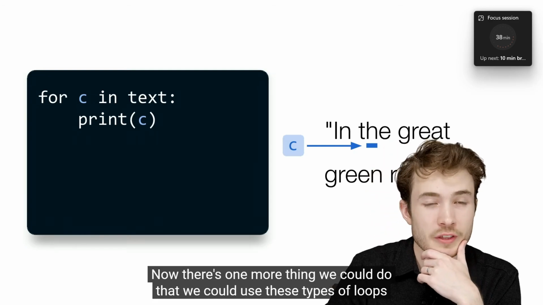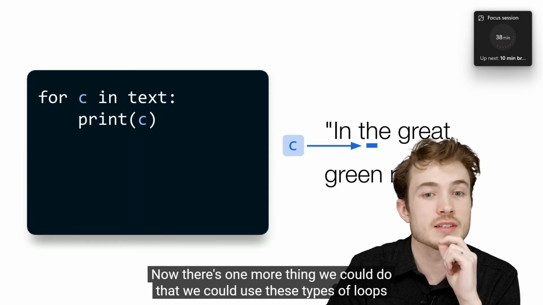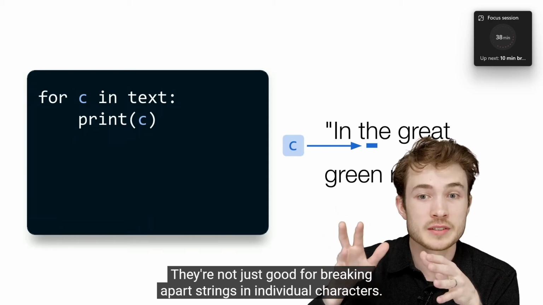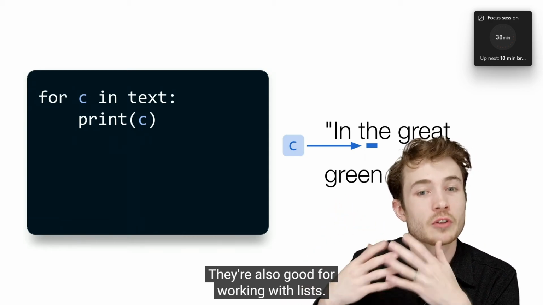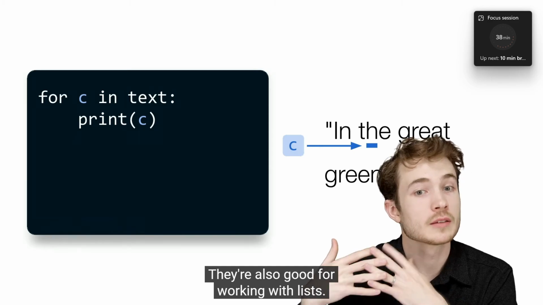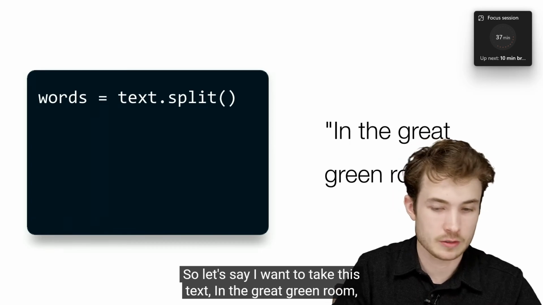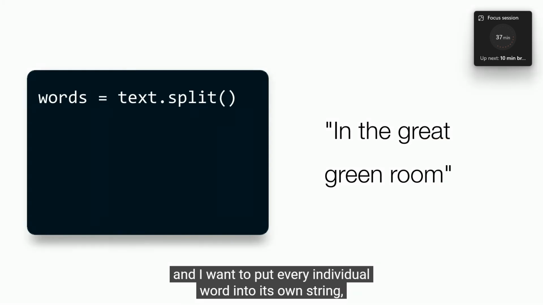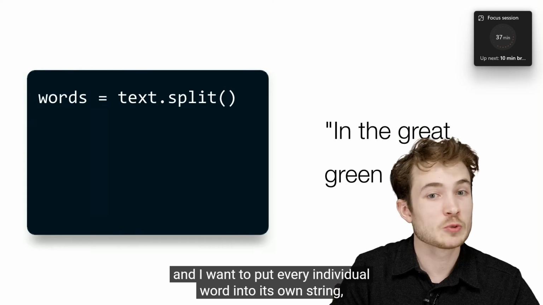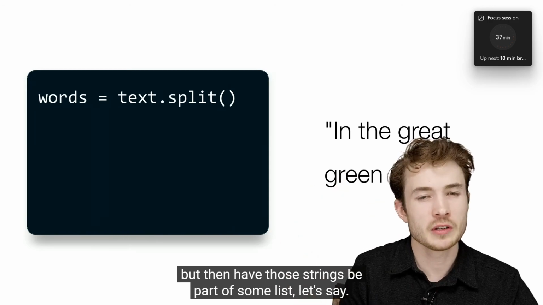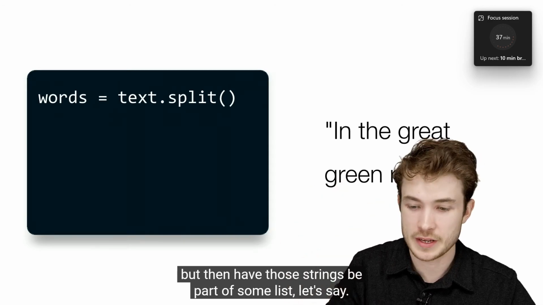There's one more thing we could use these types of loops for. They're not just good for breaking apart strings into individual characters, they're also good for working with lists. Let's say I want to take this text, in the great green room, and put every individual word into its own string, but then have those strings be part of a list.